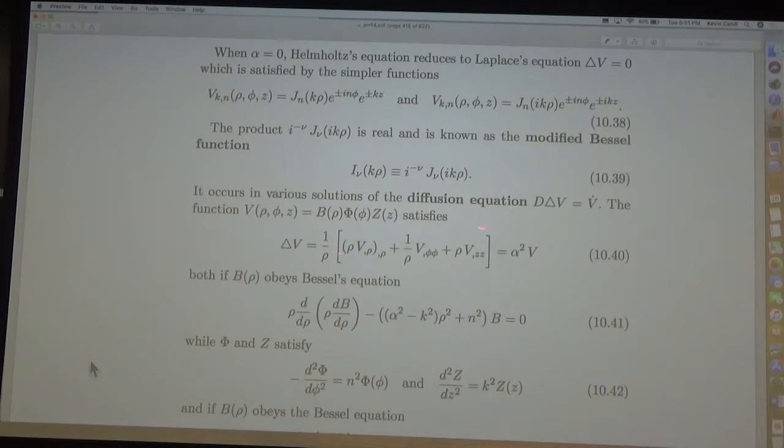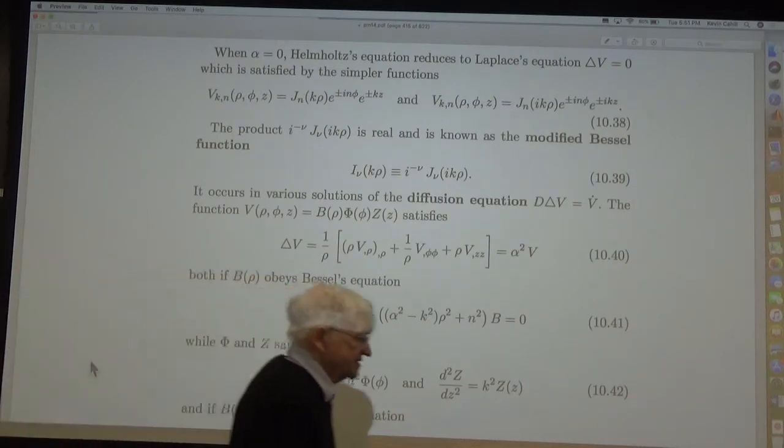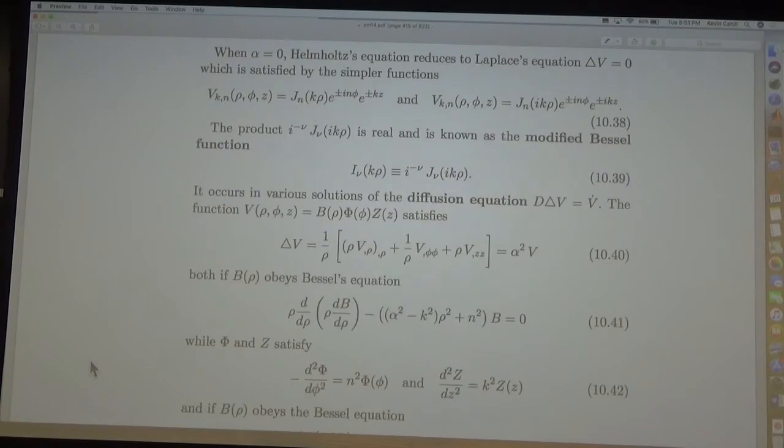One then solves this equation, and the solutions are, in the one case, if B satisfies this Bessel equation and phi and Z satisfy that one.